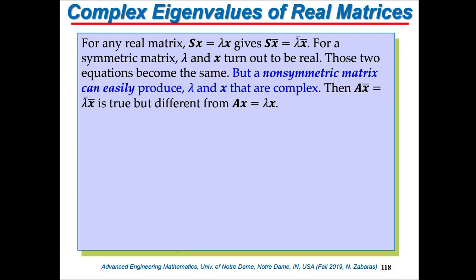We proved in the earlier slide that if S is symmetric, the eigenvalues are real and the eigenvectors are orthogonal. The question now is, what happens if I have a real matrix that is non-symmetric?